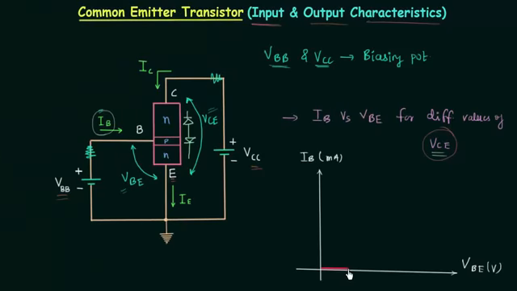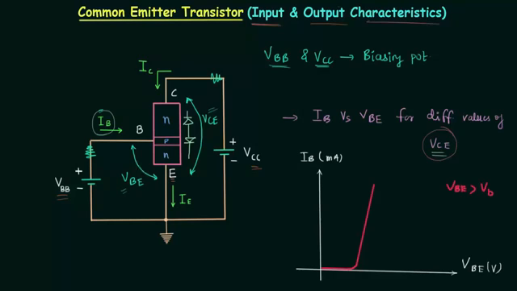Initially the current is 0 when VBE, the forward biasing potential, is very small. Then current starts to increase like this with increase in VBE, and once VBE is greater than the barrier potential, there is exponential rise in the current like this. So this is the forward bias characteristics of PN junction diode.